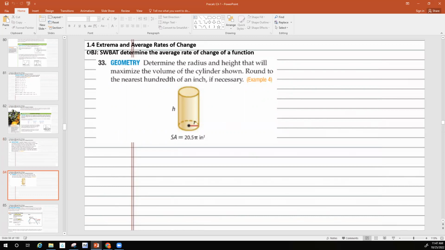This SA is the surface area of the whole thing, so they give us the surface area. R is the radius and H is the height. Now we need to know the formula for the surface area of a cylinder.